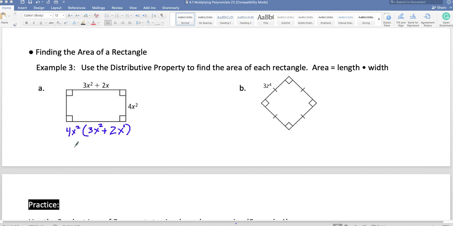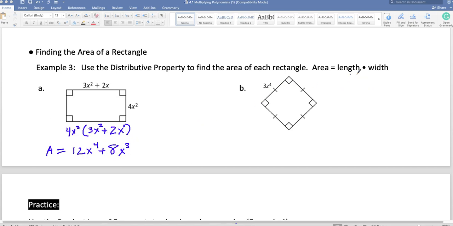So 4 times 3 is going to give me 12. X squared times x squared, they're both x's. 2 plus 2 is 4. 4 times 2 is 8. And that's x squared, and I've got x to the first, so 2 plus 1 is 3. So my area of this rectangle is equal to 12x to the fourth plus 8x cubed.